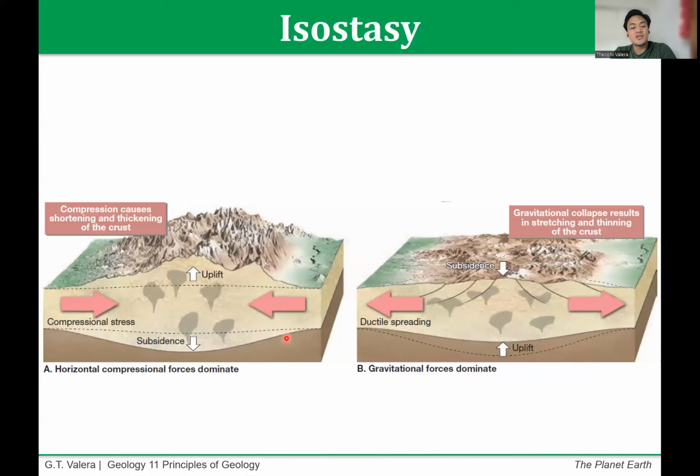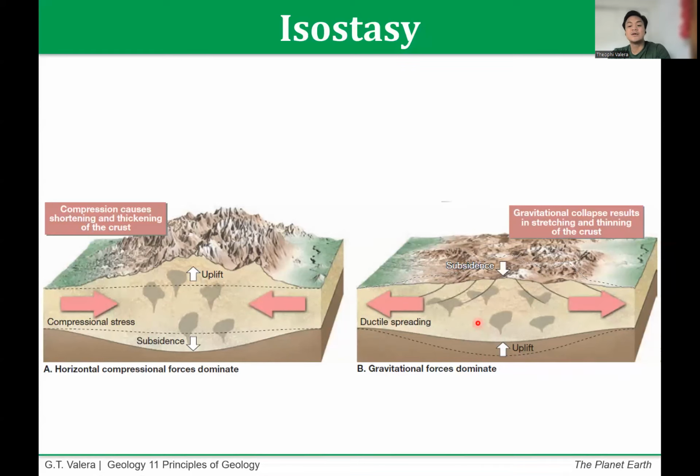When you have collision like this, it brings about uplift and at the same time subsidence of the continental crust. But as soon as wala na yung push na to, then this lithosphere starts to in a ductile manner spread. And at the same time, the root, kumbaga, starts to be uplifted. So, nafa-flatten out siya essentially.